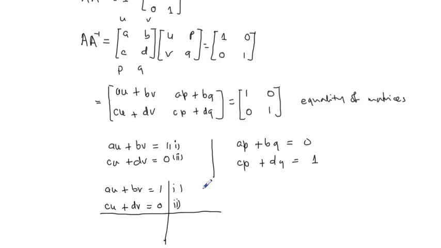We leave the first equation as it is, au plus bv equals 1. When we multiply here, we have minus ac here plus ac, then we have a 0 altogether when we add the two equations.